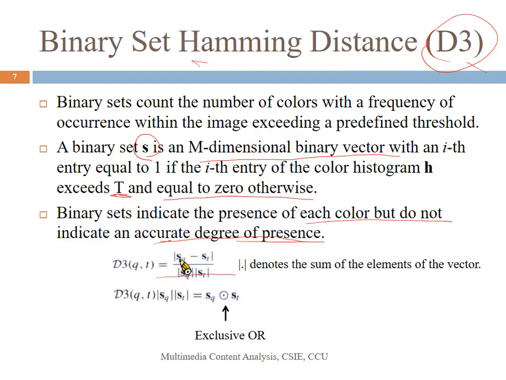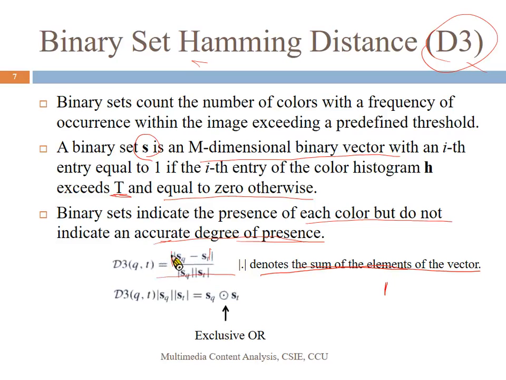So here we subtract ST from SQ and take this operation, and this operation denotes the sum of the elements equal to 1 of the vector.